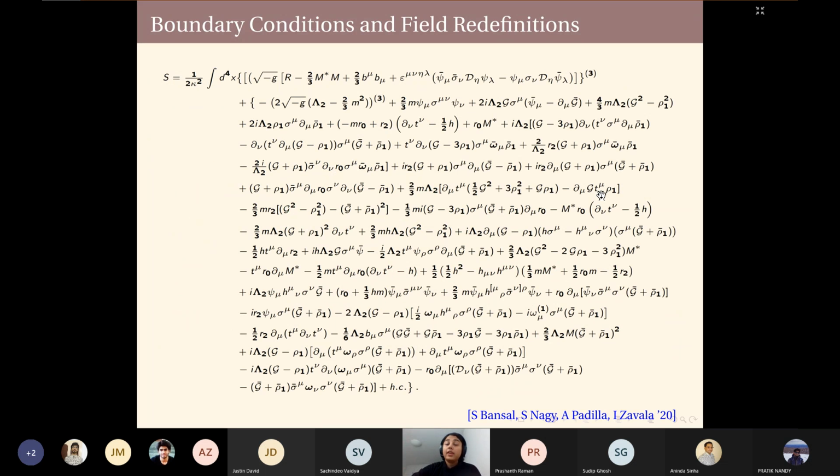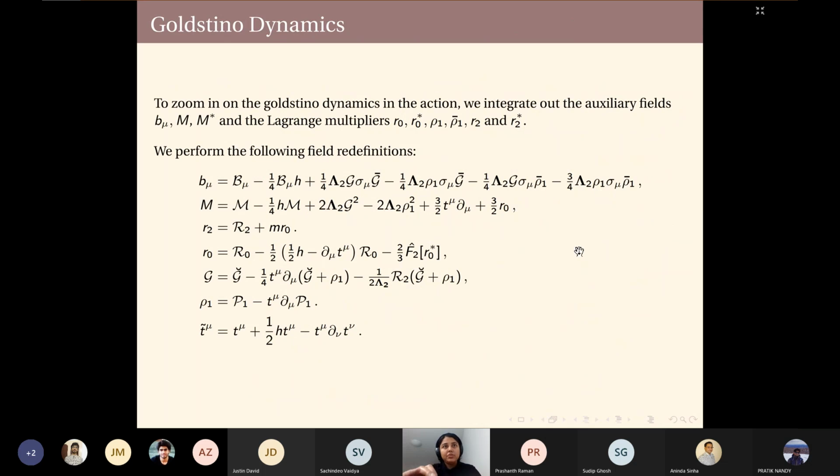Then I do the third order perturbation, and the Lagrangian that we get is really big, very complicated and ugly, and it doesn't look anything like the Goldstino brane action or the action obtained by nilpotent superfields. So from here on, we try to find ways to simplify, and for that we first perform some field redefinitions.